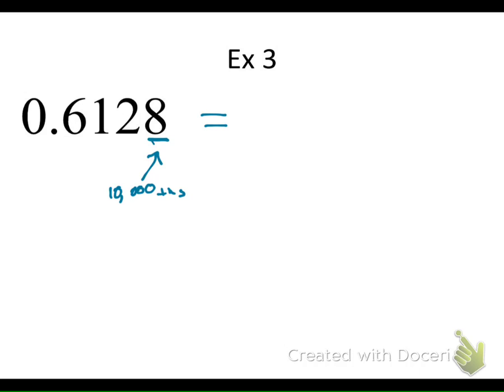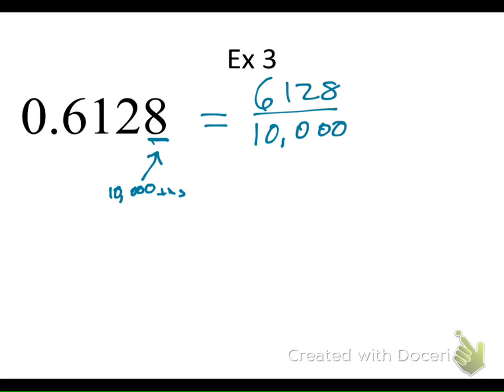Kelly, can you tell me what my fraction looks like? We need all 4 of those numbers. So it's going to be 6128 over 10,000.